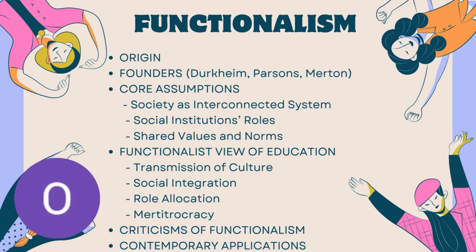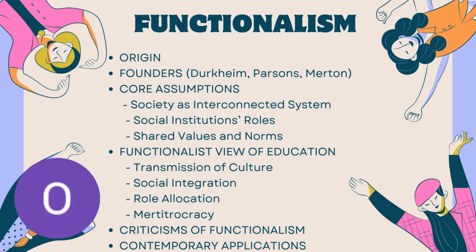Religion serves the function of providing a sense of meaning and purpose, reinforcing social norms and values, and promoting social cohesion and solidarity. Shared values and norms. Functionalists emphasize the importance of shared values and norms in maintaining social order and stability.